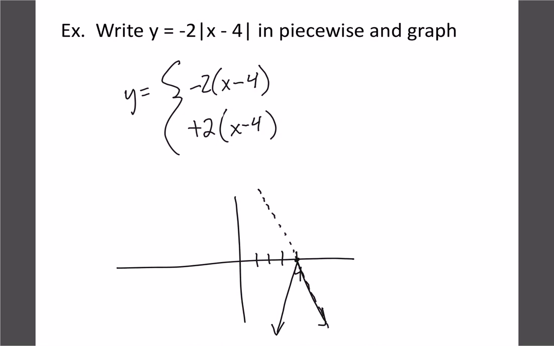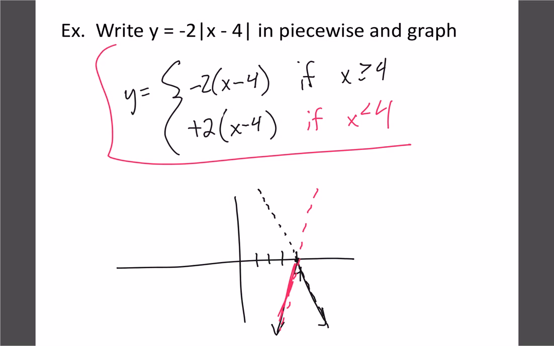So we would say if x is greater than or equal to 4. And if we do the positive, 2 times (x minus 4), that's going to give us this other side of the graph, so that bottom part will be the same. That will be when x is less than 4. And that's it. So that's your piecewise.